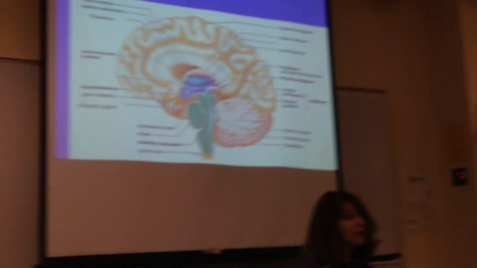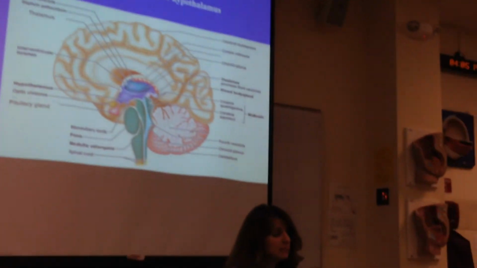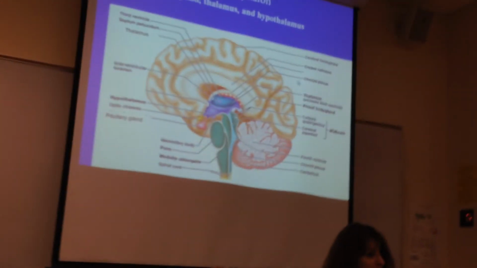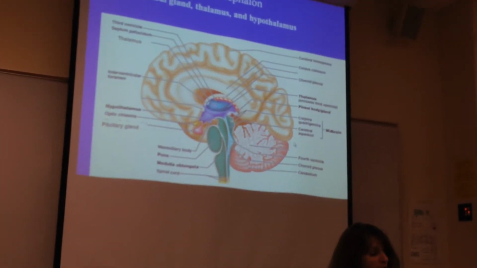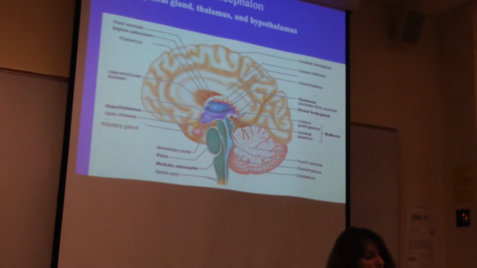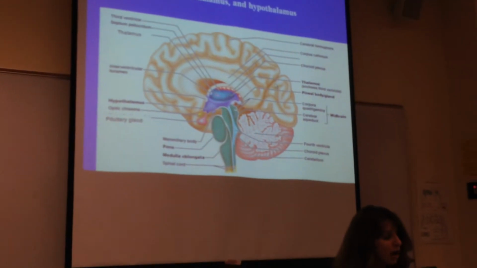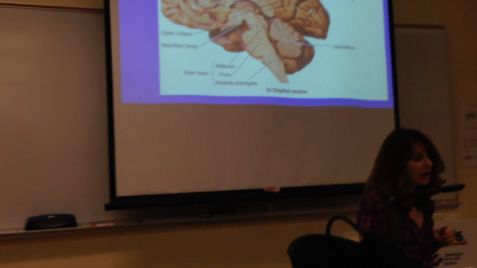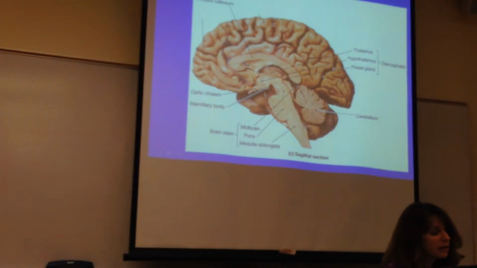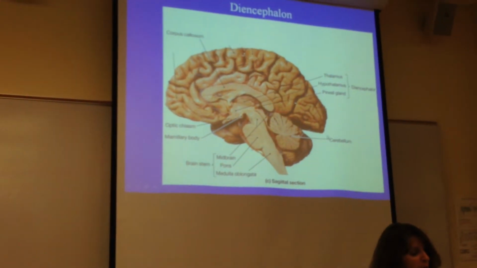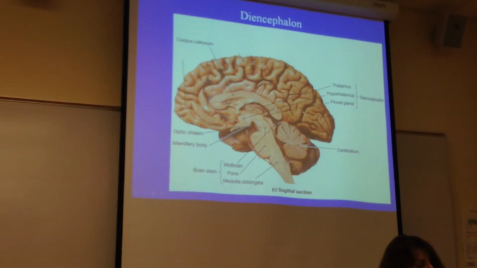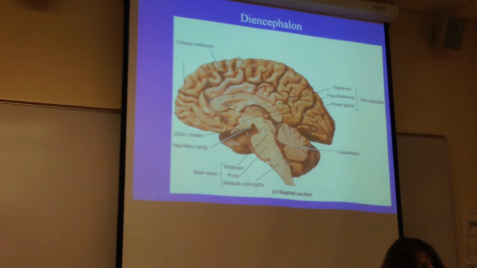This would be the parieto-occipital fissure. What was this fissure over here? Transverse fissure, and this one? Parieto-occipital fissure. What's this fissure right here? Parieto-occipital, this one? Transverse.